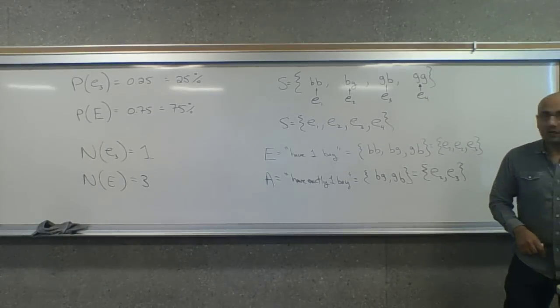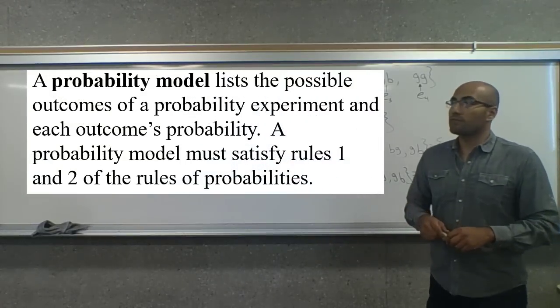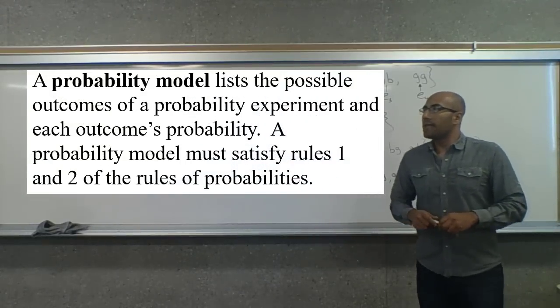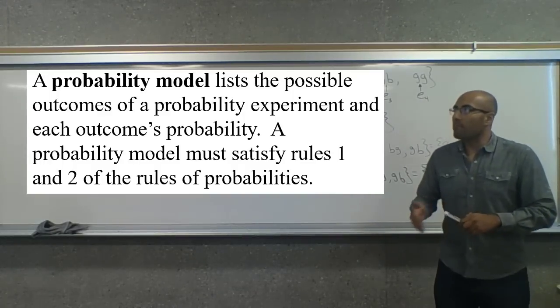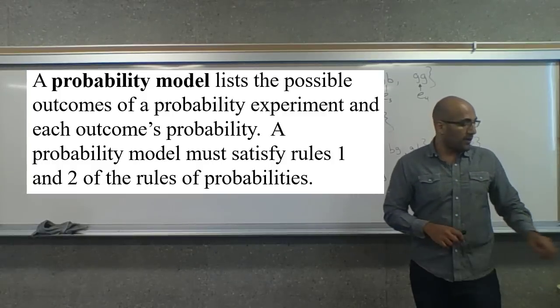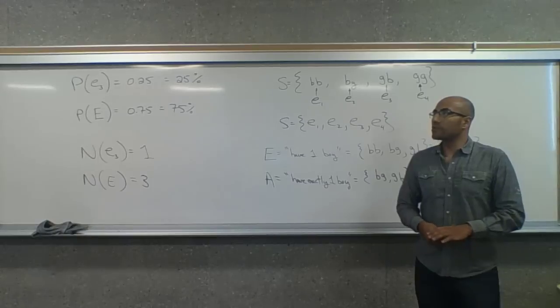All right. A probability model lists the possible outcomes of a probability experiment and each outcome's probability. A probability model must satisfy rules 1 and 2 of the rules of probability. Here's an example.